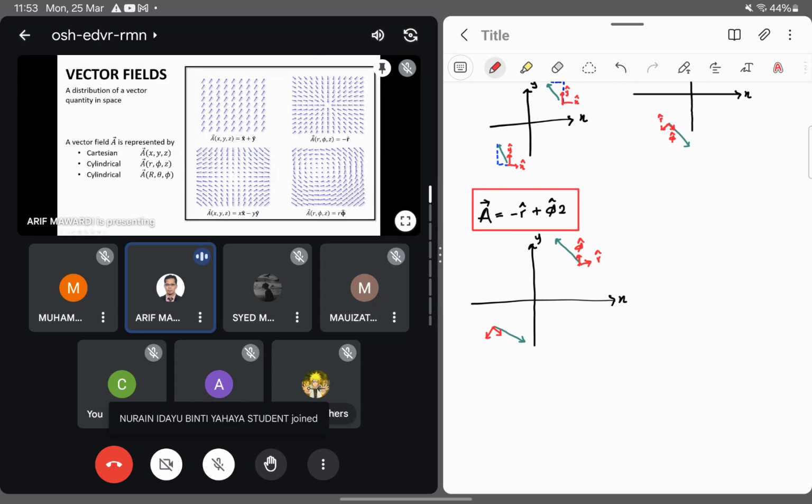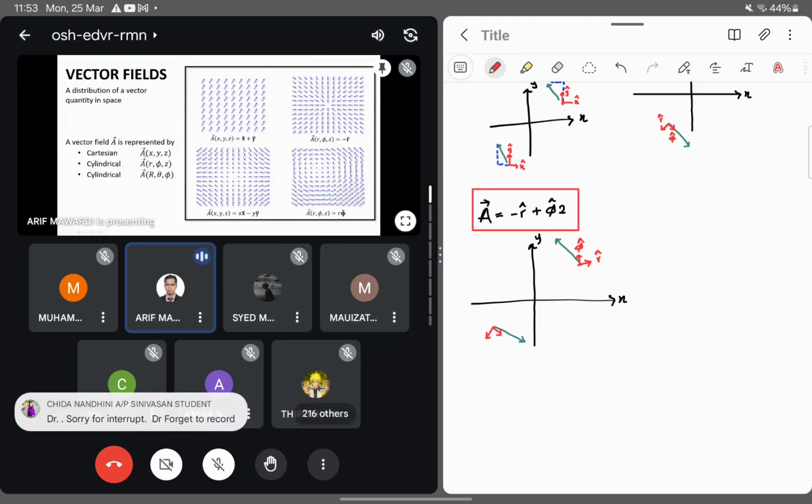So at different locations in a vector field, the vector depends on the location. That is why for a vector field we can write it as a function of location.